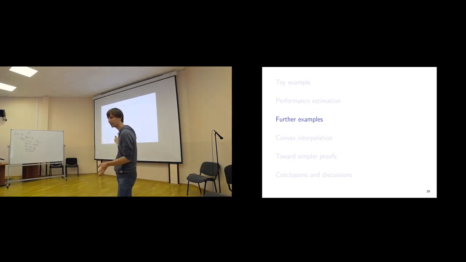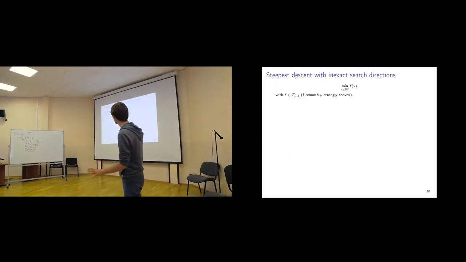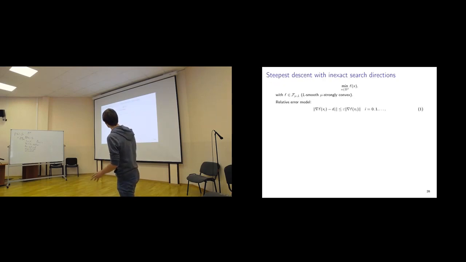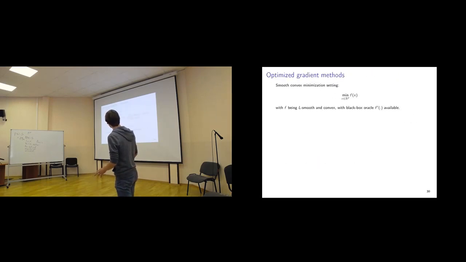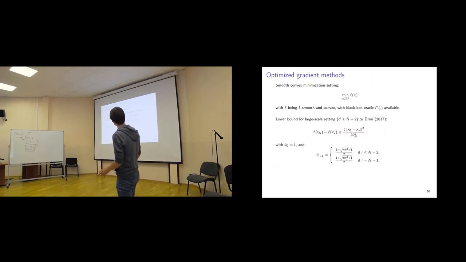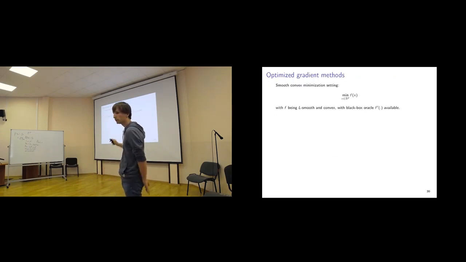Okay, so just let me give a few examples. So I'll start with, no, let me skip this one. Okay, this one. So let's talk about optimization methods. I consider smooth convex minimization. I want to minimize a smooth convex function, and I'm given access to its gradients.